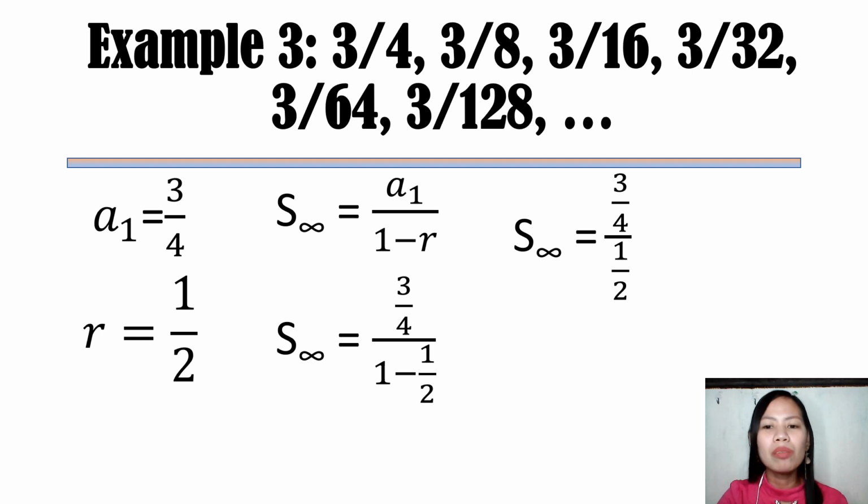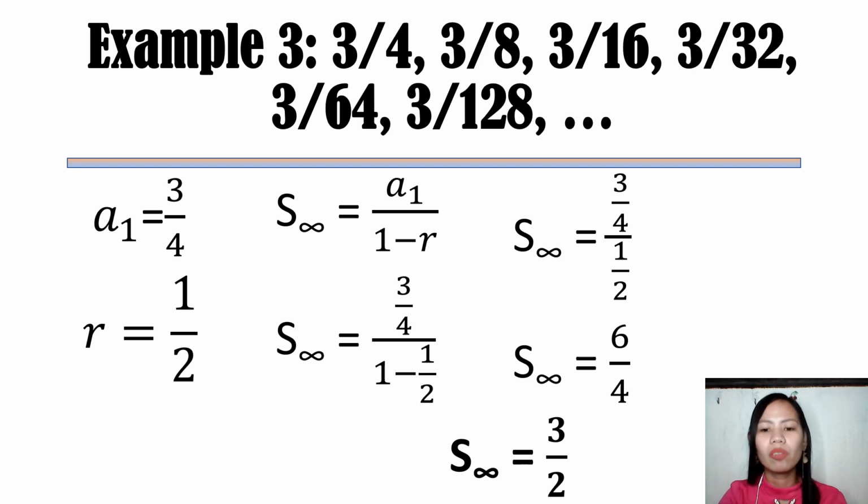So 3 times 2, the answer is 6. 1 times 4, the answer is 4. So simply we have 6 over 4. We need to simplify our answer. So we have the sum to infinity is equal to 3 over 2. Or if you want to change it into a mixed number, that is 1 and 1/2. But in my class, I'm accepting 3 over 2. It's okay na for me.